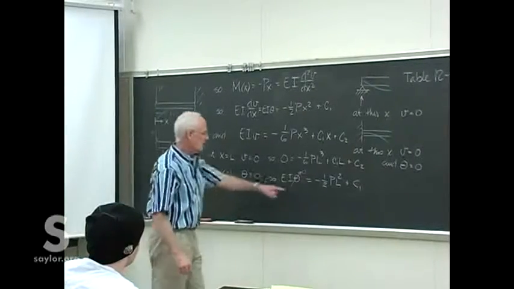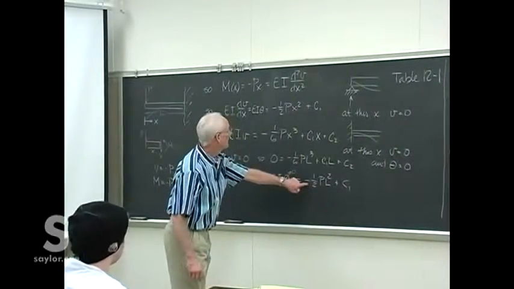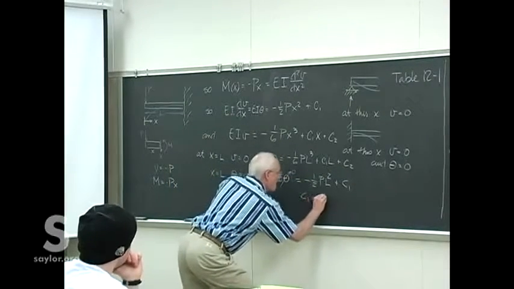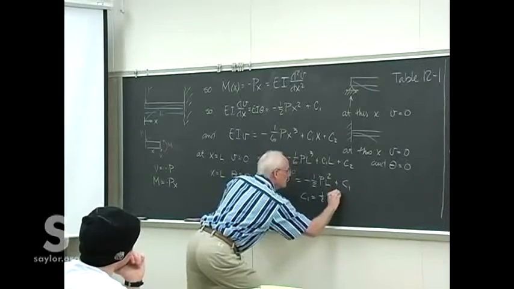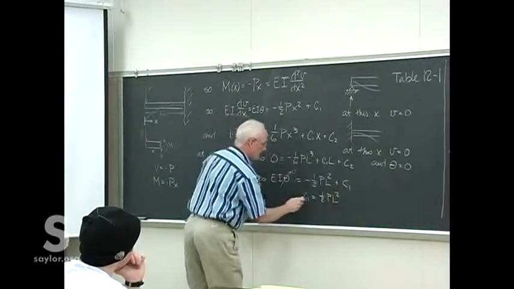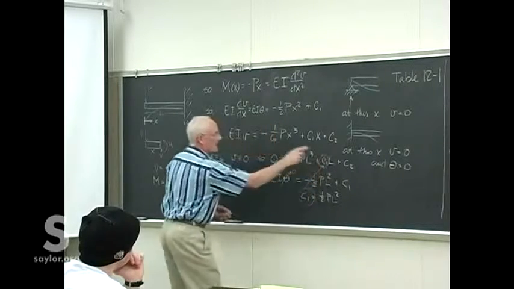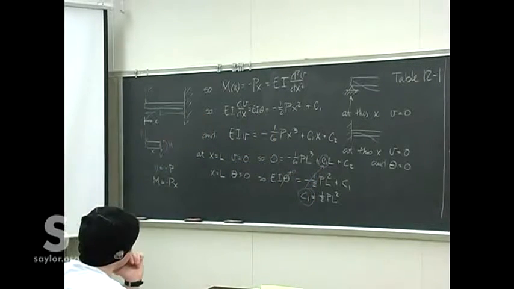So we know that C1 is the backwards of that, because of the minus sign, 1/2 PL squared, and so we can put that into there, and then we can solve for C2.